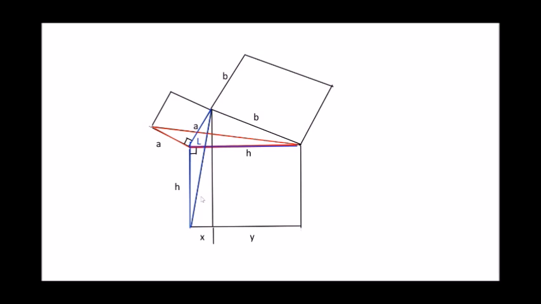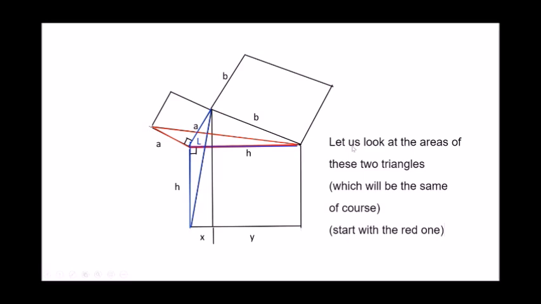So we have the internal angle of the triangle here, which is L, and that's going to be important in our proof that they're congruent triangles. So let's look at the area of these triangles. First of all, we need to show that they're congruent. They both have a side whose length is H, the two sides of this square. They also both have a side whose length is A, the two sides of this square.